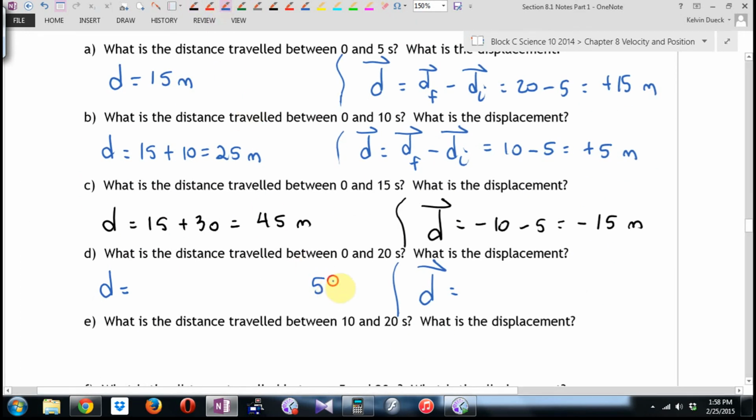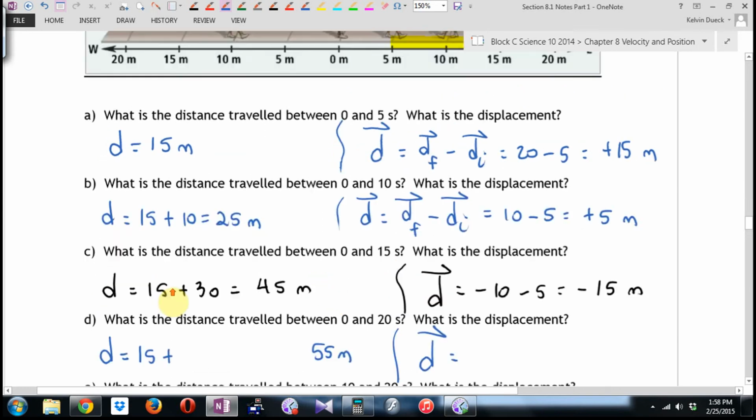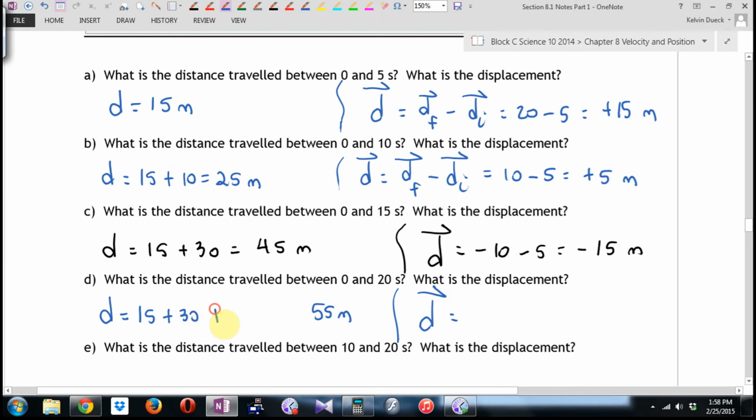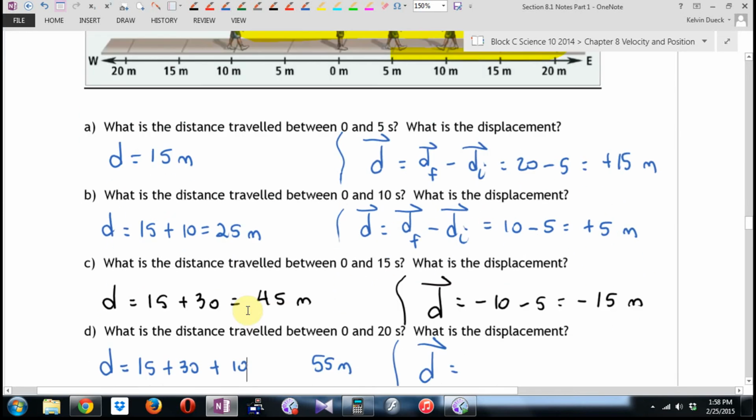But let me see. I think I go 15 to the right, 30 to the left, and 10 more. Is that right, Tyra? I think 55.